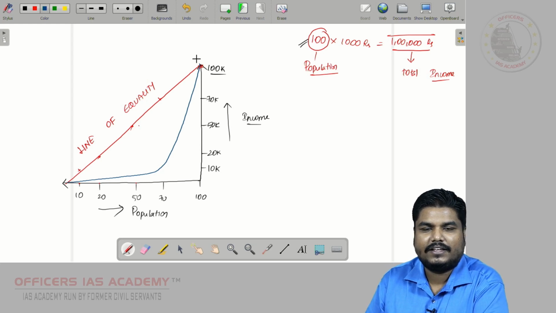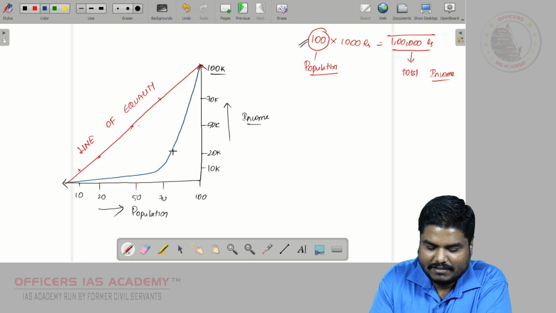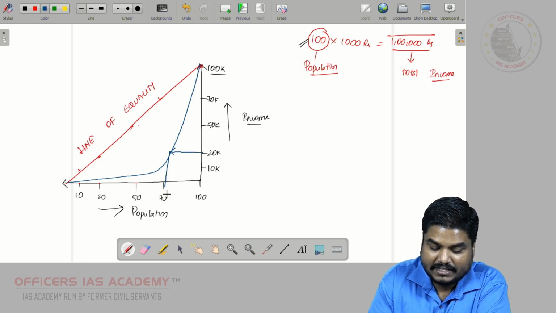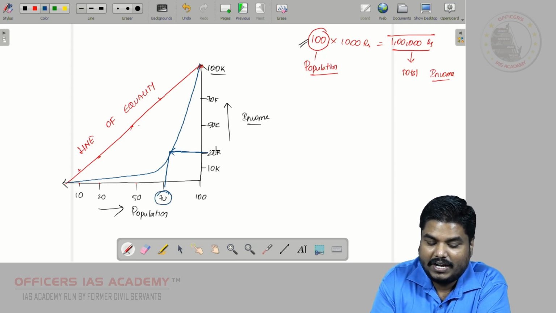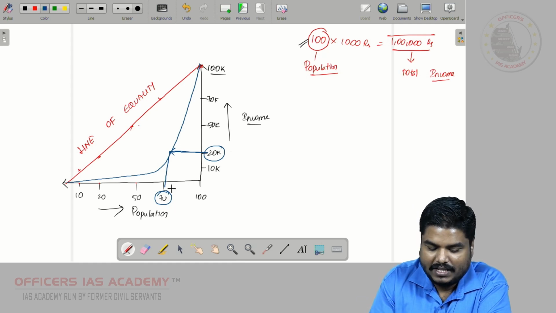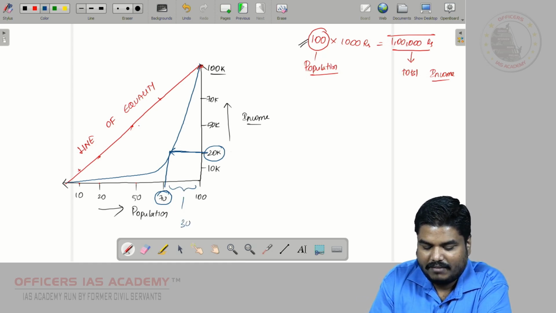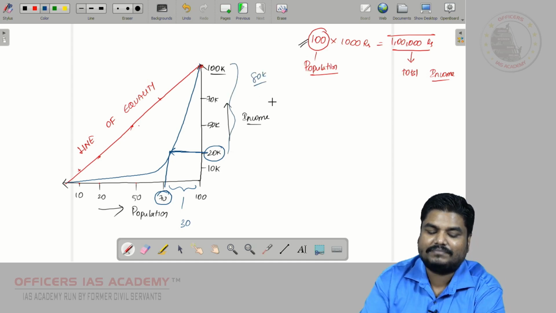If you take the Indian scenario, let us say 70% of people, they are earning only 20,000. The remaining 30 are earning the remaining 80,000 rupees.